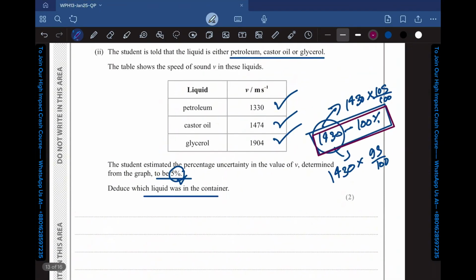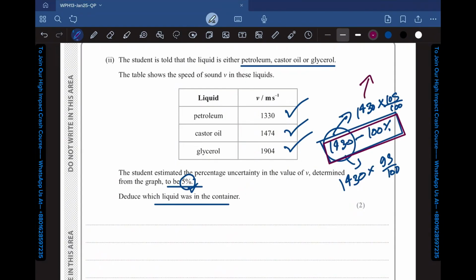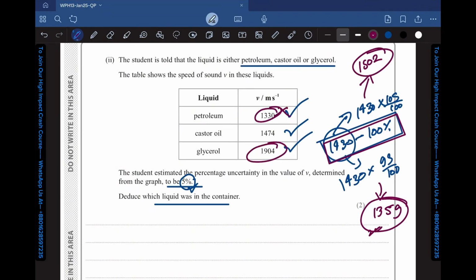So increasing it gives a value of 1502 and decreasing it gives a value of 1359, right? So let's look at the value which is within this range from 1359 to 1502. This is 1330, so it is smaller than 1359. This is 1905, so it is bigger than 1502.